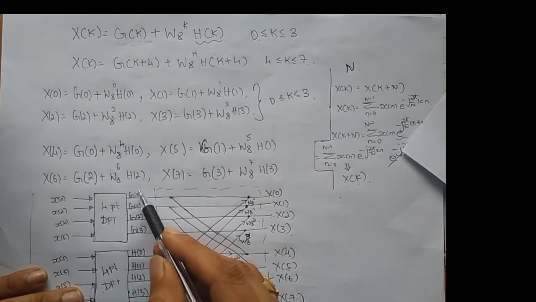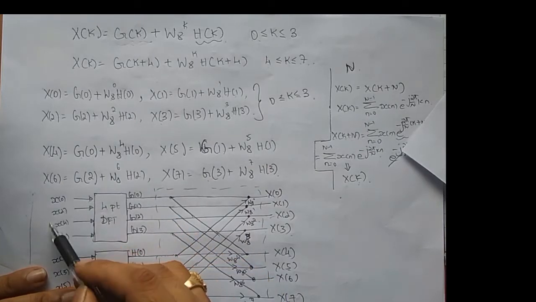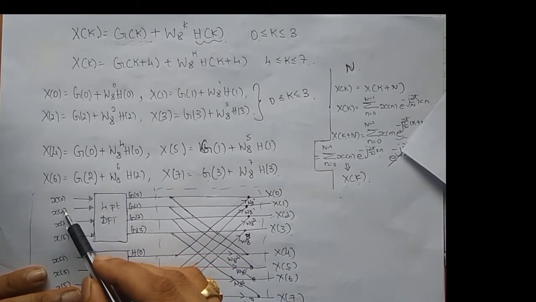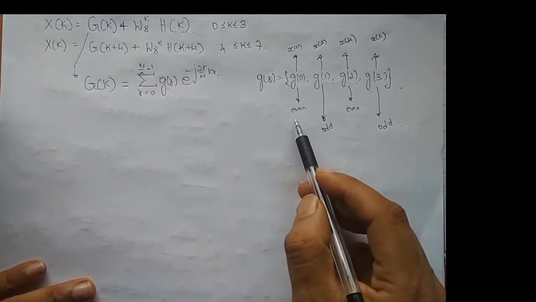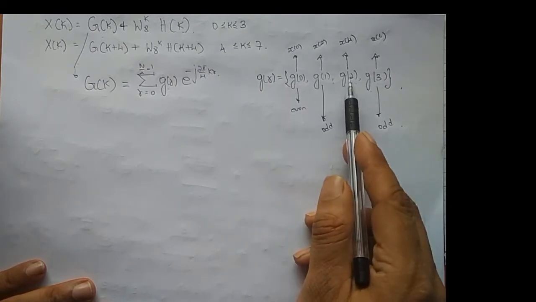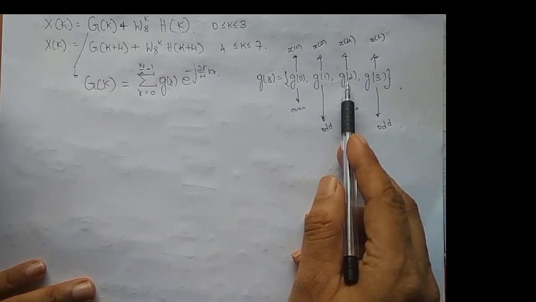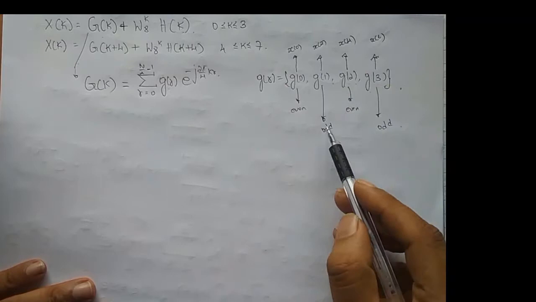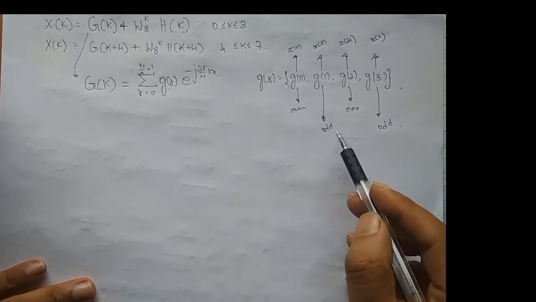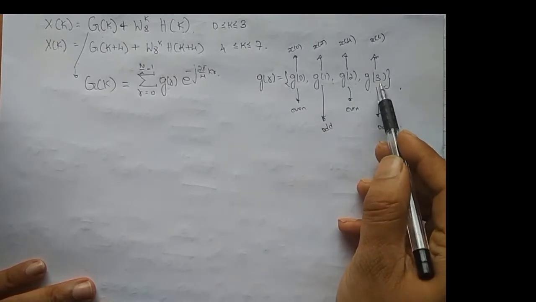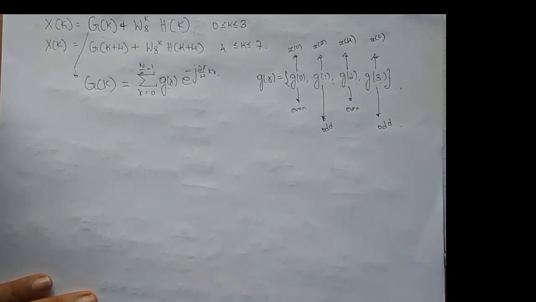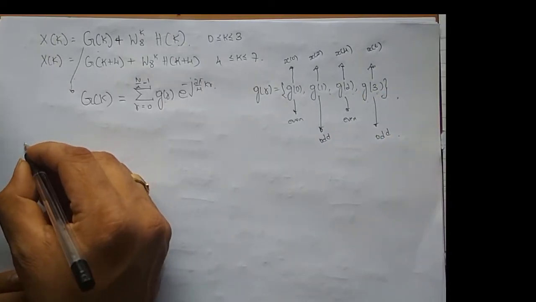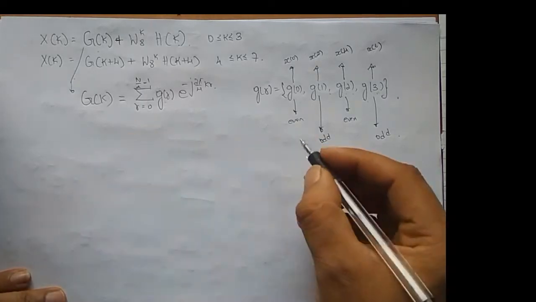So this g of k corresponds to all the even index samples: x of 0, x of 2, x of 4, x of 6. Now, the even index samples of g of r are g of 0 and g of 2, which in terms of x is x of 0 and x of 4. The odd index samples of g of r are g of 1 and g of 3, which in terms of x is x of 2 and x of 6.